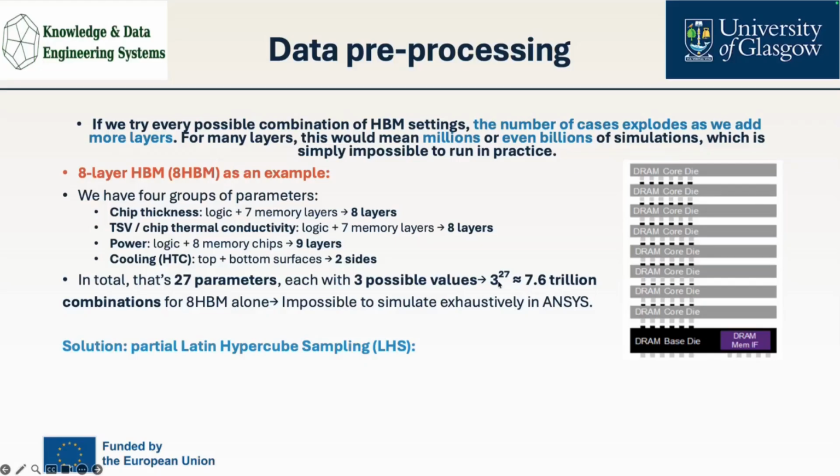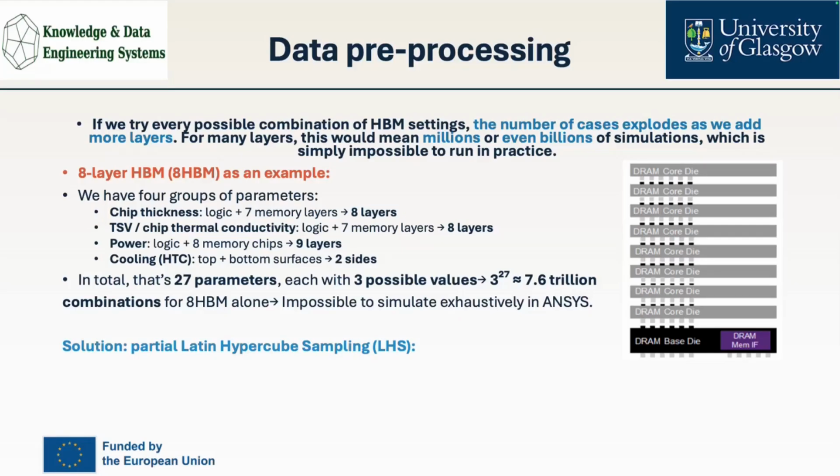In general, we will have 3 to the power of 27, which is almost 7.6 trillion combinations, and it is not easy to simulate such a number in ANSYS. So we need to reduce this number in an efficient way, while still including all the important combinations.